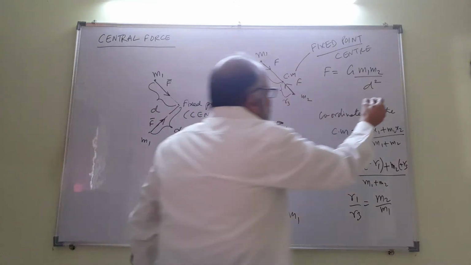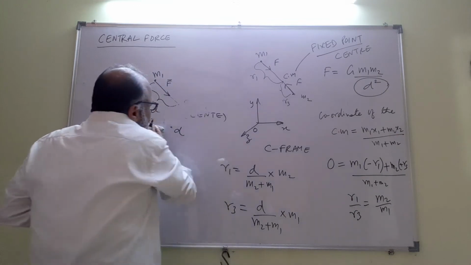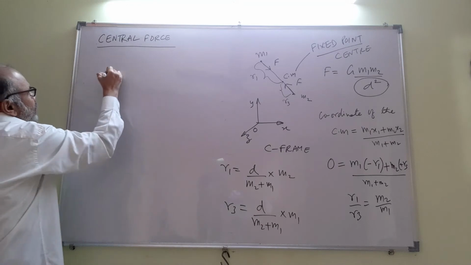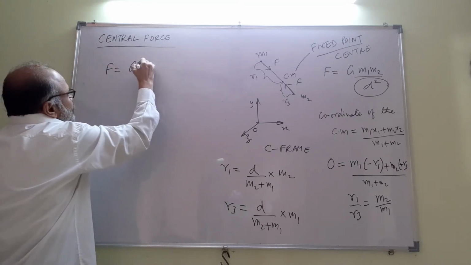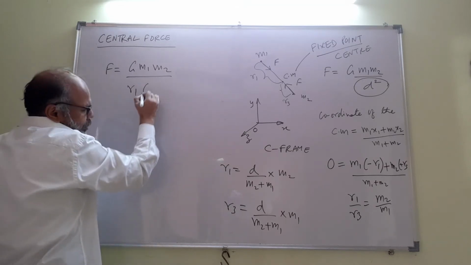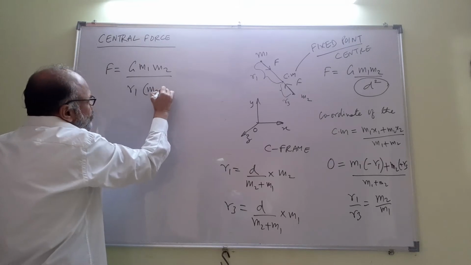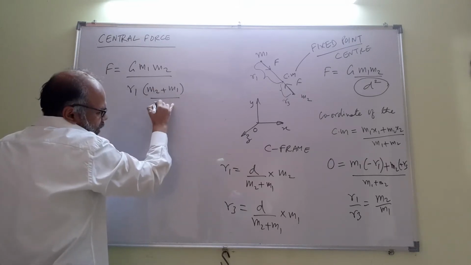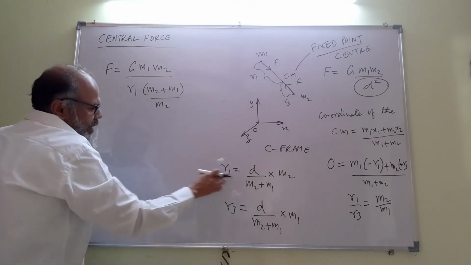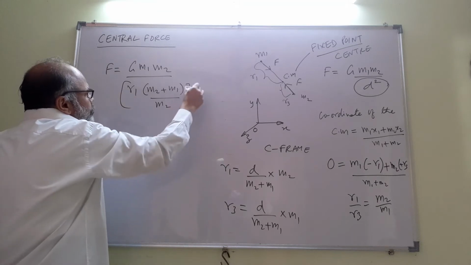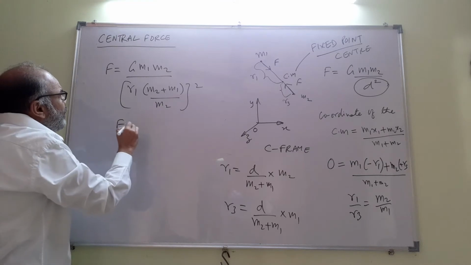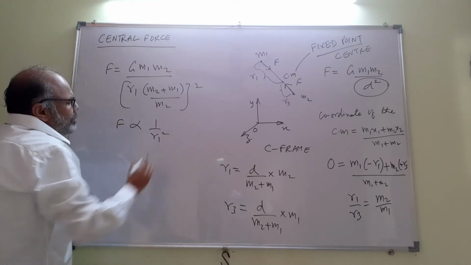So in this d here, we can substitute in terms of r1. I can get F as G m1 m2 by d, which would be r1 into m2 plus m1 by m2, this whole thing squared. Now m1, m2 etc. are constants. So you find that F is inversely proportional to r1 squared.